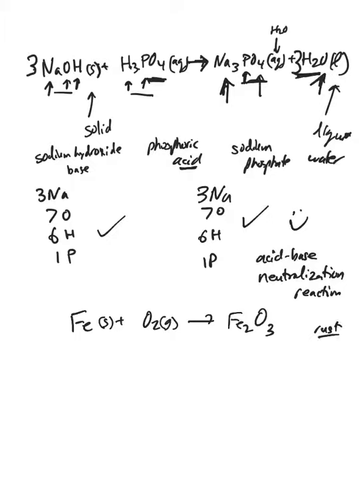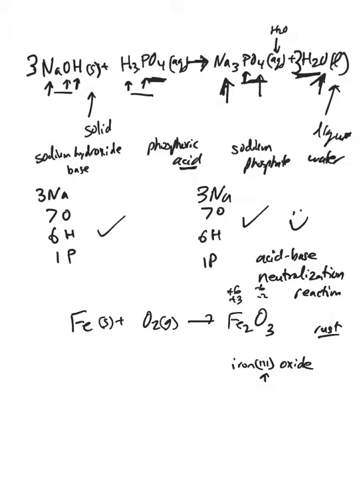So we've got solid iron, molecular oxygen on the left-hand side, I've got iron 3 oxide on the product side. Remember, oxygen is -2. 3 times -2 is -6. I've got 2 irons. They have to add up to +6. So each iron has to be +3. And hence its stock nomenclature name is iron 3 oxide.